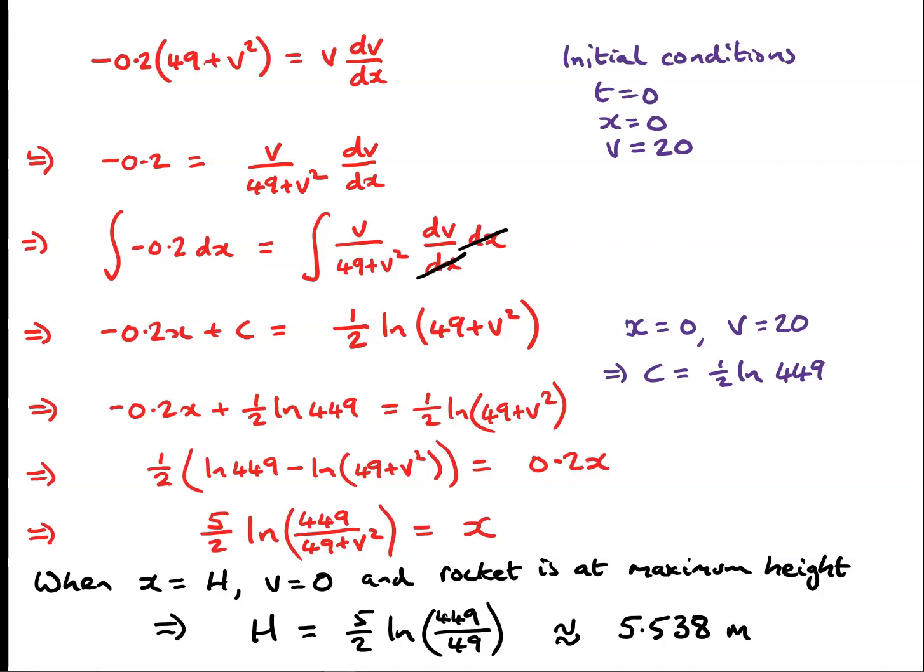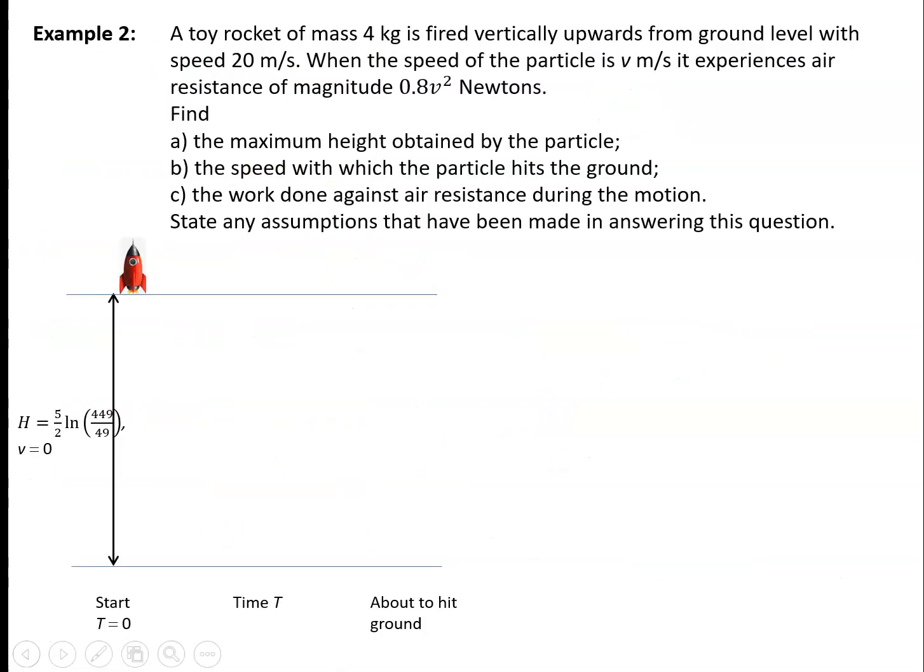So we now need to move on to considering the downward motion of the rocket. It starts at its maximum height, and then after time capital T, it has fallen distance y from its maximum height and is now moving downwards with velocity v.